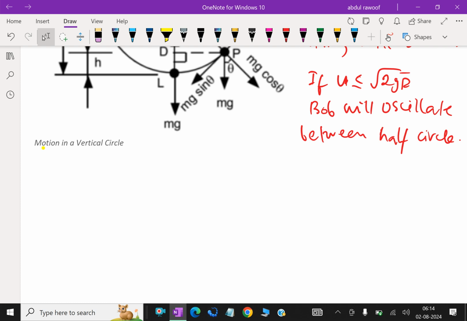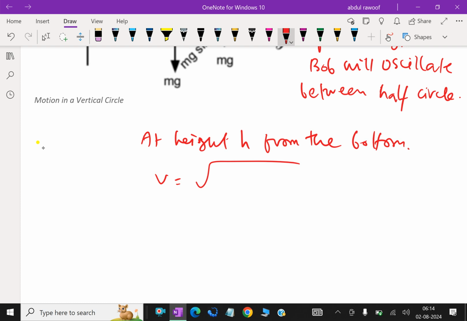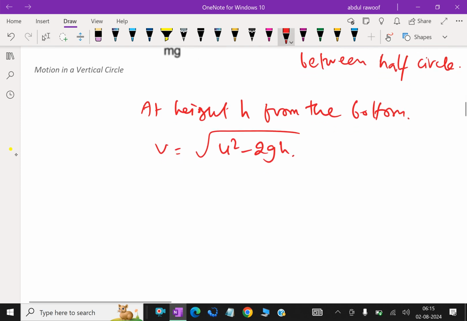Next, at height h, the velocity v equals square root of u squared minus 2gh. Therefore, now we can say u is between square root of 2gr and square root of 5gr.